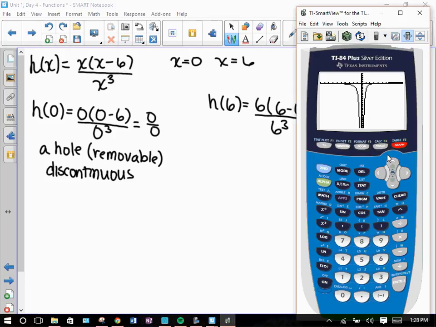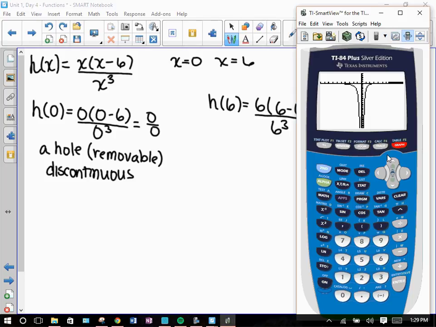Oh, not a removable discontinuity. So bear with me here. There's a hole. I'm just going to think about this one.